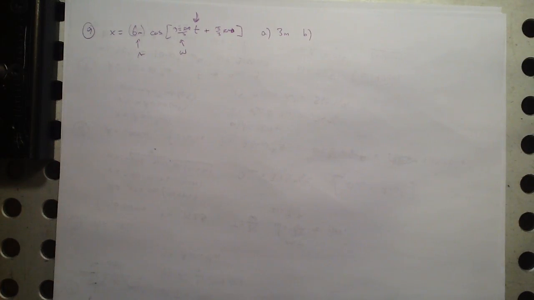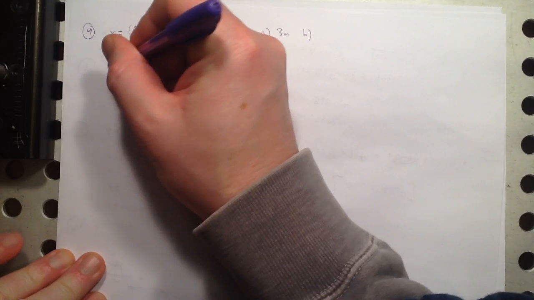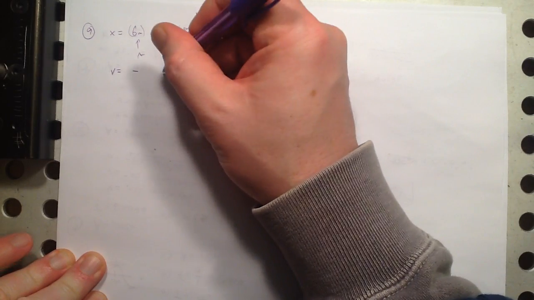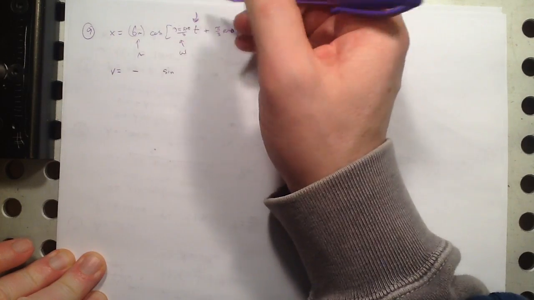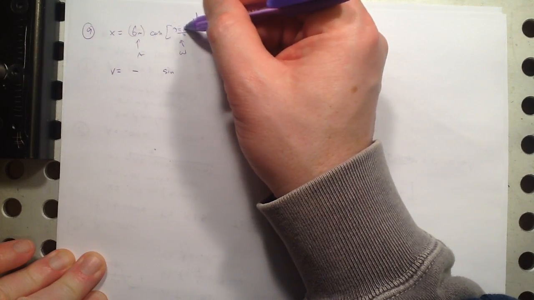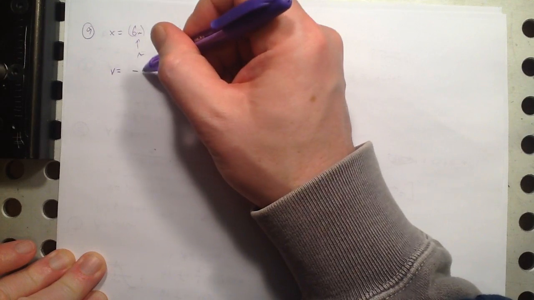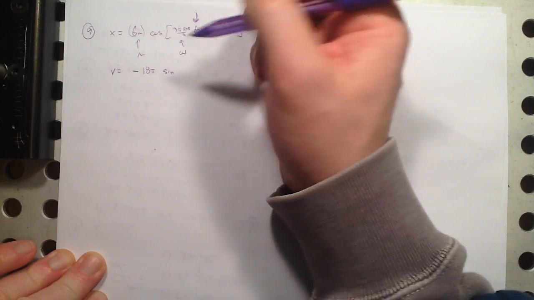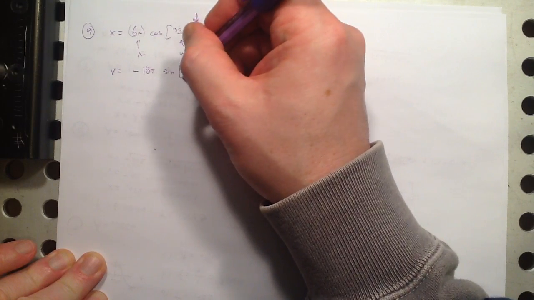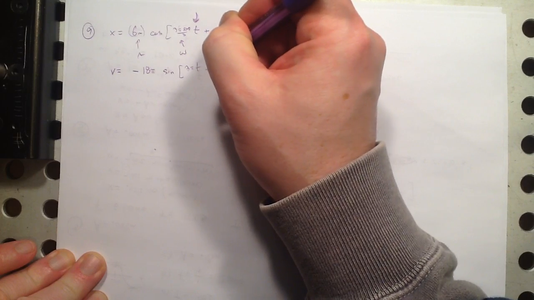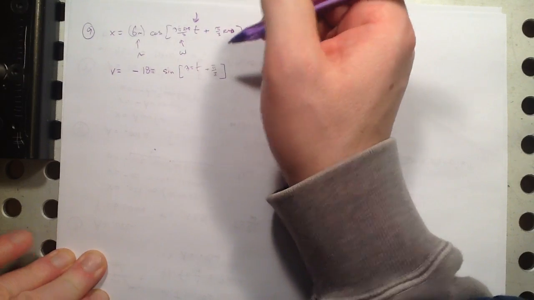For B, what's the velocity then? Let me find my velocity function. I'm going to take the derivative of that, so it's going to be a negative sine function per the chain rule. The derivative of what's inside, that's 3 pi, so that's going to be 18 pi out here. And then the inside will stay exactly the same, 3 pi t plus pi over 3. Leave the units out for that.